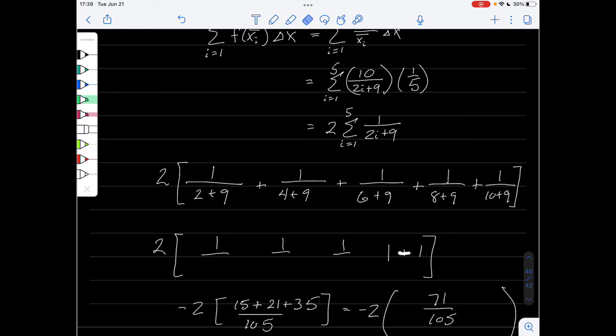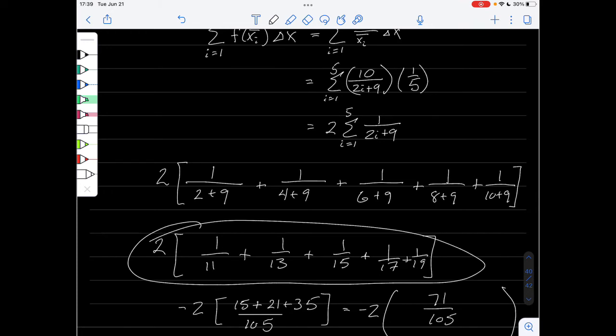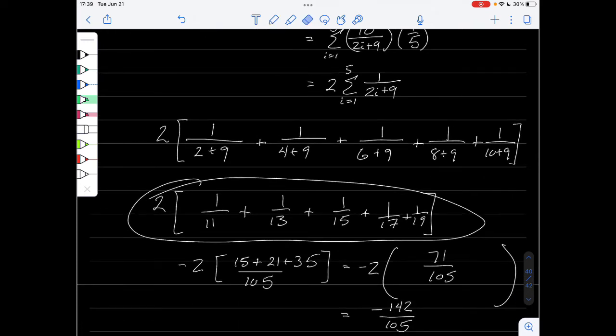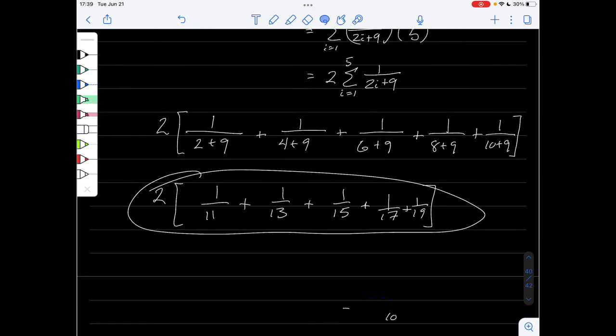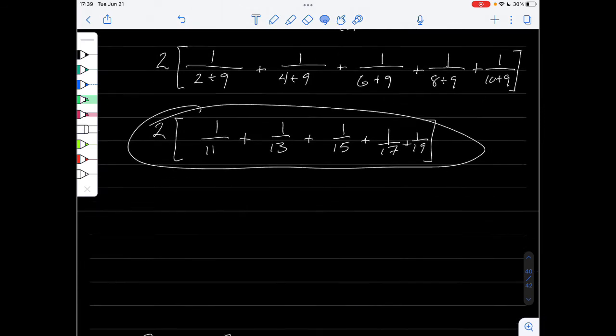So we're going to get 1/11th plus 1/13th plus 1/15th plus 1/17th plus 1/19th. And now it really becomes pretty unwieldy, and we'll just leave it like that and get rid of the rest here. And that was the error. It was just an arithmetic mistake.